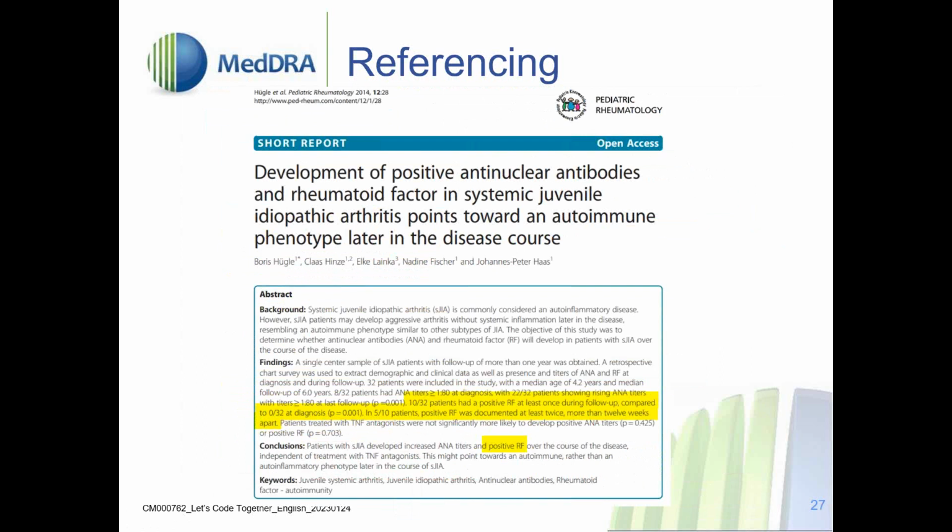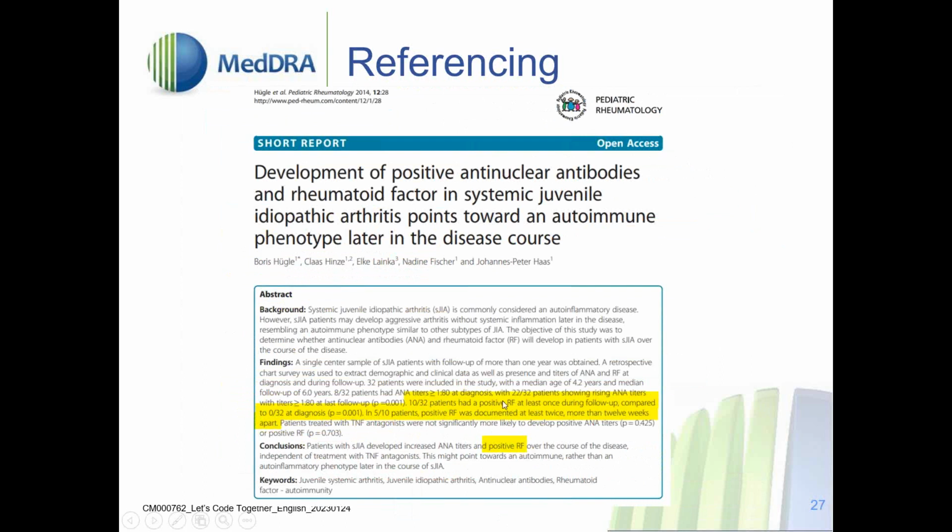So systemic JIA is mainly an auto-inflammatory disease. It's not an autoimmune disease, it's auto-inflammatory. However, this publication points out that the rheumatoid factor may be positive in some of these patients during the course of the disease as well. So you see that in this group of patients, of these 32 patients that were all rheumatoid factor negative at the time of diagnosis, 10 of them developed a positive rheumatoid factor.